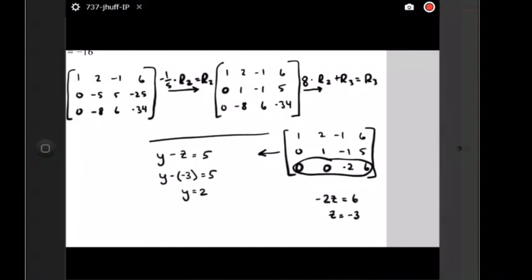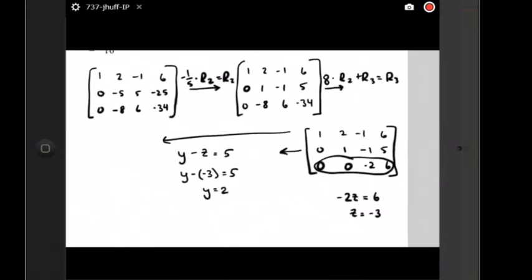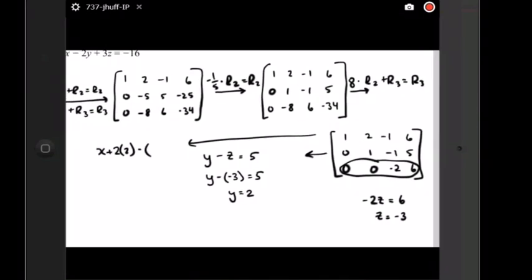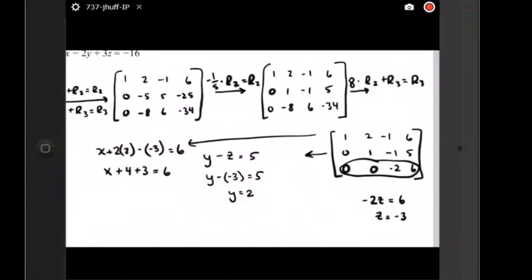And then we could take that top row, which represents the equation x plus 2y, but y, remember, now is 2, and then minus, instead of minus z, remember z is negative 3, and that equals 6. So we have x plus 4 plus 3 equals 6. So x equals negative 1.